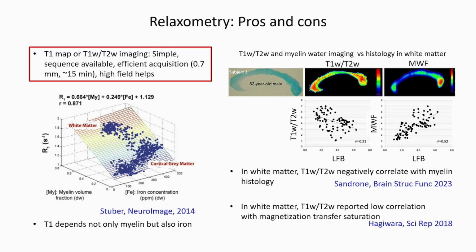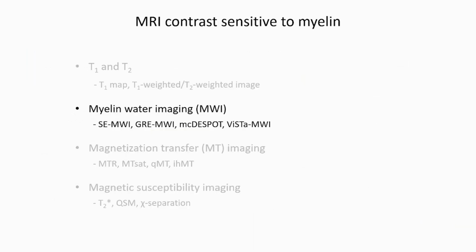So don't use it for the white matter, stay with the gray matter, and you may need further validation of it as well. On the other hand, Myelin water imaging and Myelin water fraction do report a nice positive correlation with Luxol Fast Blue, and that's the topic for the next imaging modality, which is Myelin water imaging.